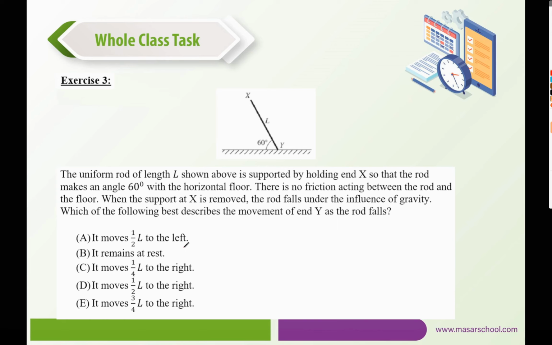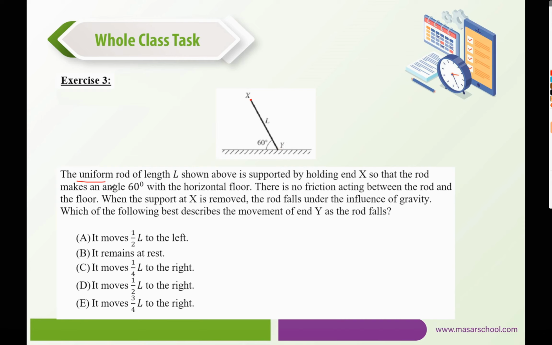Although this problem seems to be complicated, it's straightforward by referring to the center of gravity. They're asking us, if we're holding the rod from X and we release the rod, how much Y will move to the right or to the left relative to the initial position.